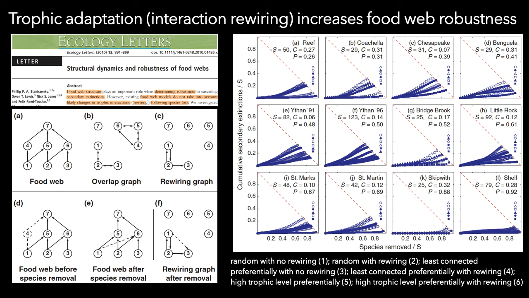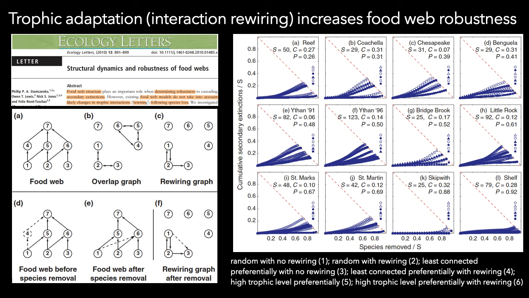How is this accomplished? On the left, we have a classic food web. This predator-prey model doesn't usually consider the plausibility of trophic rewiring. Instead, we can build, as we have already seen, this type of predator-prey overlap graph, where species are joined by undirected links if they share a common predator, such as species 1, 2, and 3.